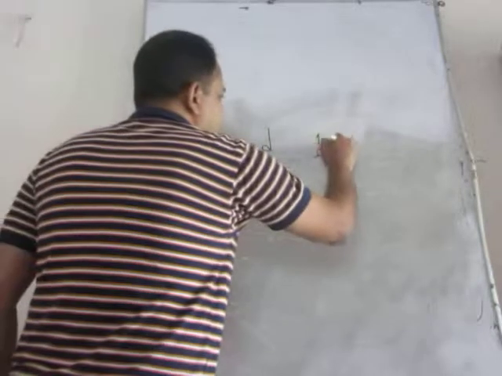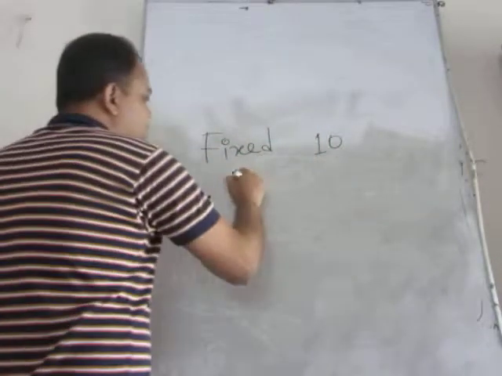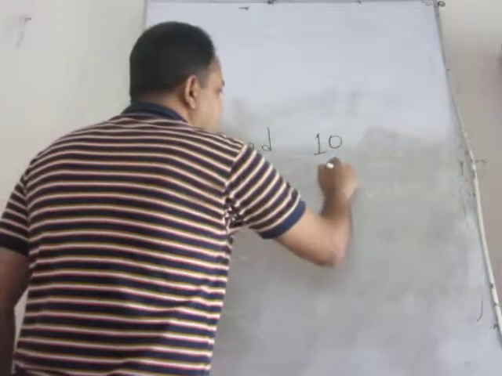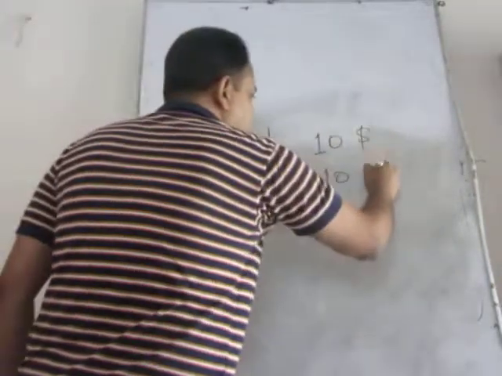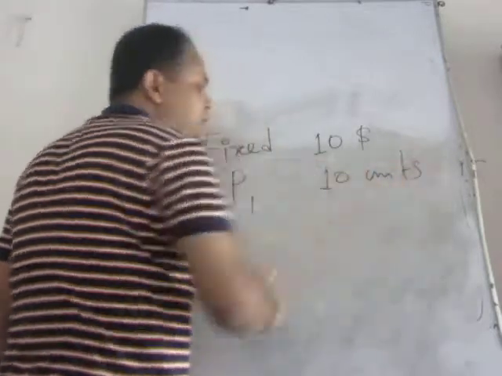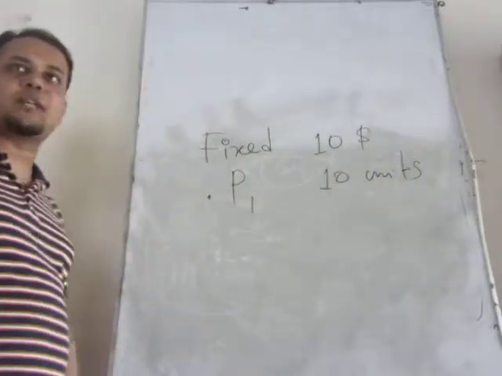In this type of question, you will benefit if you think of an example. Suppose fixed cost is 10 taka, and initially production P1, that is, you are initially producing 10 units. 10 taka, 10 units. So now what would be your cost per unit?